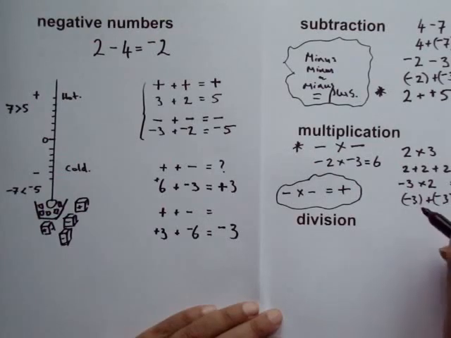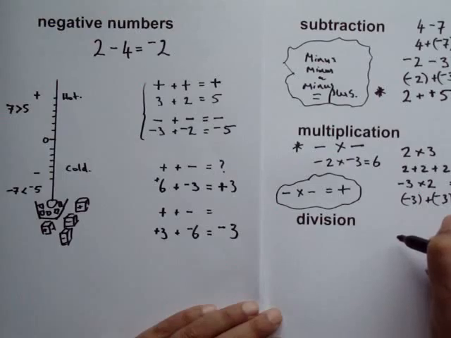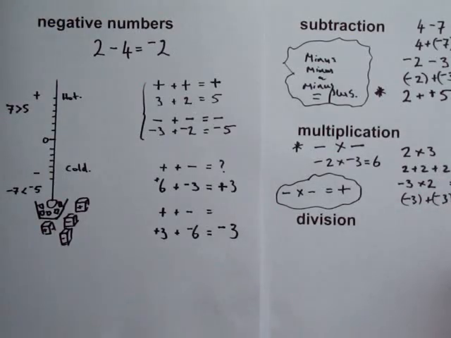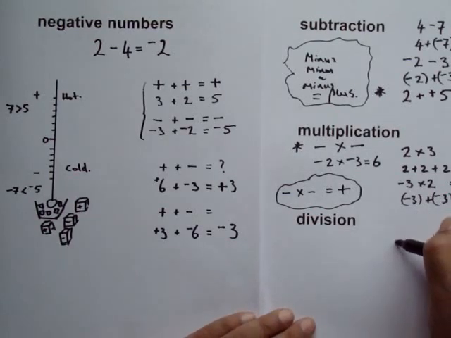In the case of division, it's similar again. When we divide positive numbers, we end up with a positive number. So a positive divided by a positive equals a positive number.